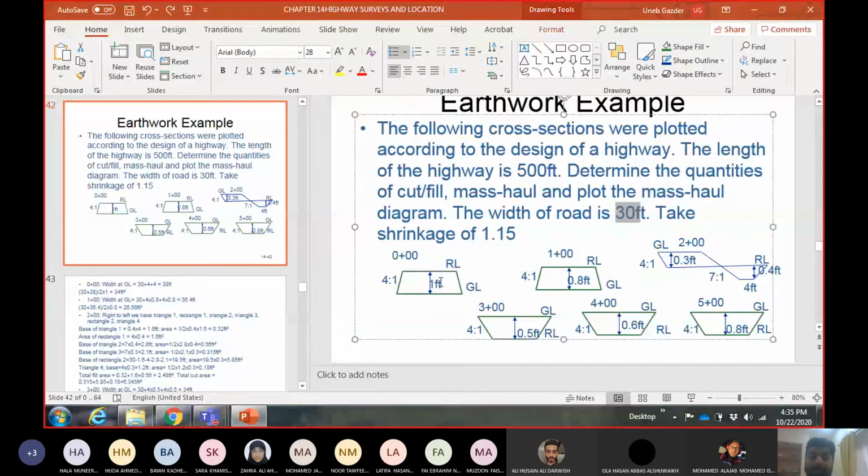I know the height, I need the base. I have the slope ratio: for every 1 feet height, 4 feet base. Using the height, I can calculate the base of this triangle, and the same will be for this triangle as well.